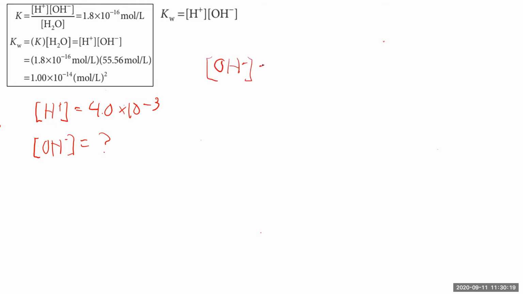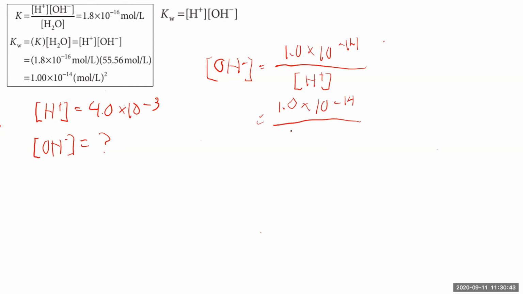The concentration of hydroxide ions is equal to 1.0 times 10 raised to the power of negative 14 over the concentration of the hydrogen ions. So we substitute the values. We have 1.0 times 10 raised to the power of negative 14 divided by 4.0 times 10 raised to the power of negative 3.